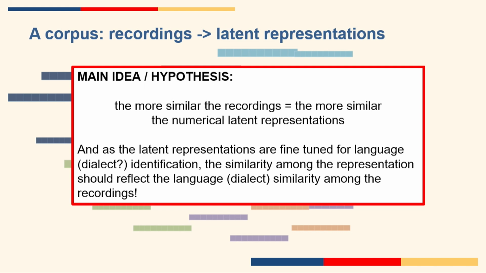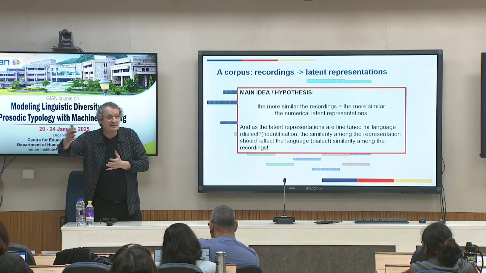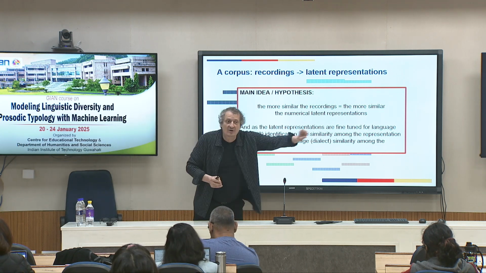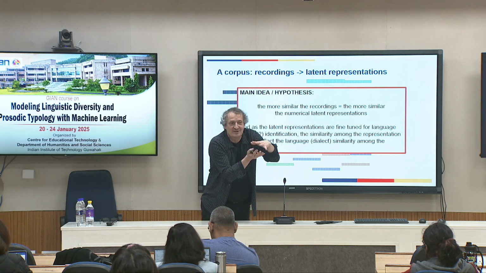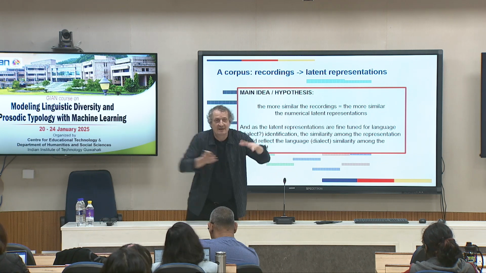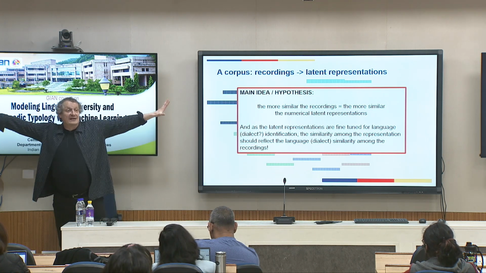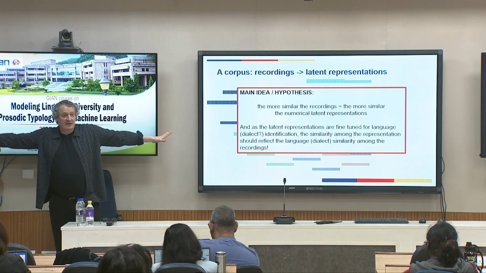If we use latent representations trained for, let's say, speaker identification, then the similarity among those representations is probably linked to similarity among the speakers. So the more similar the voices of the speakers, the numerically closer those vectors would be. The more different the voices, presumably the numerically more different those vectors would be, right?